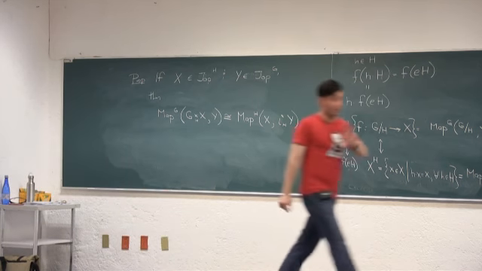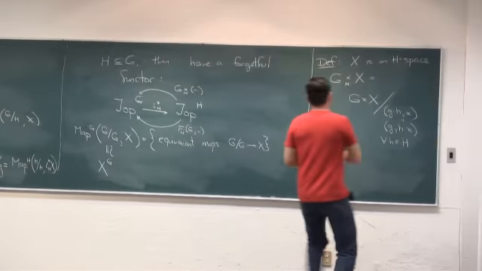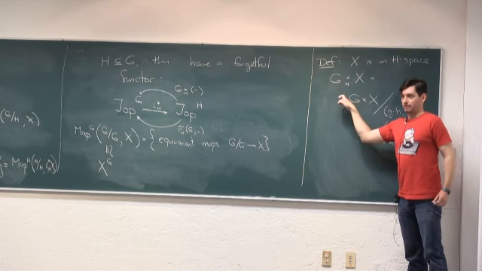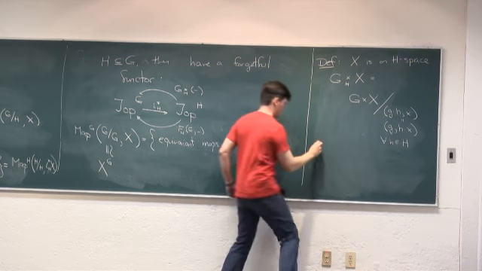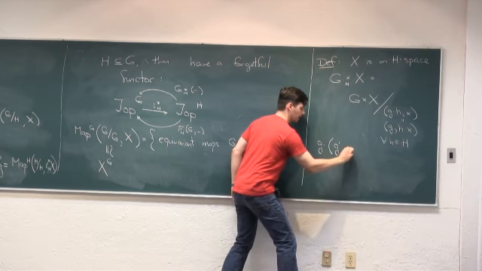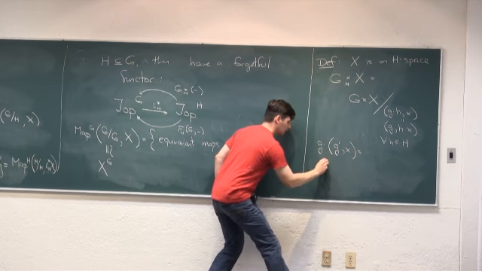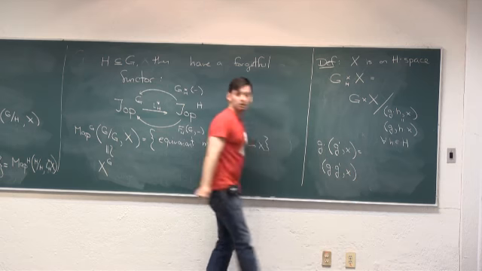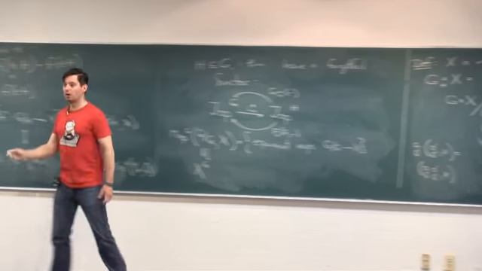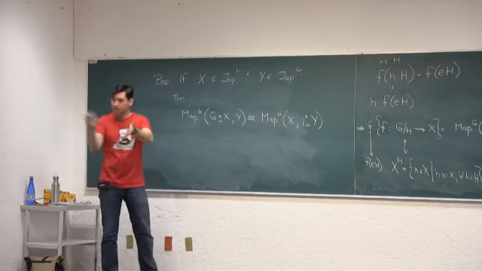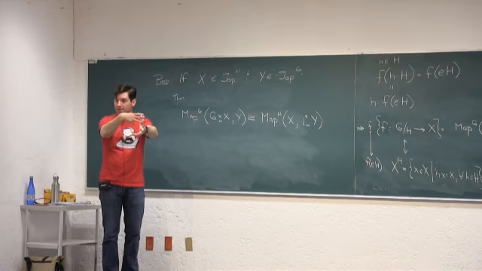I have an action of G on the left here. So I'll say that G times the class of G prime, X is going to be the class of G times G prime, X. So in other words, the only way I could possibly have elements of G act is by having them act on G itself.